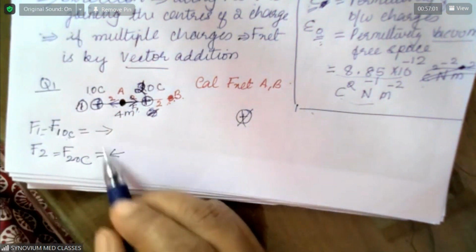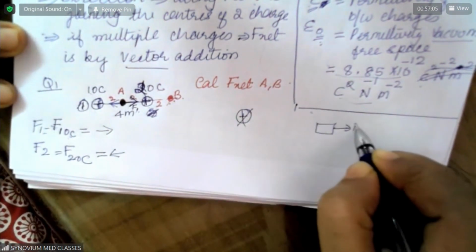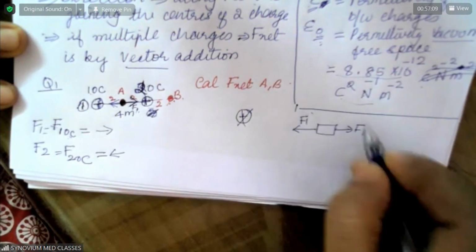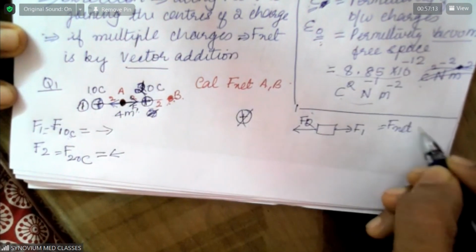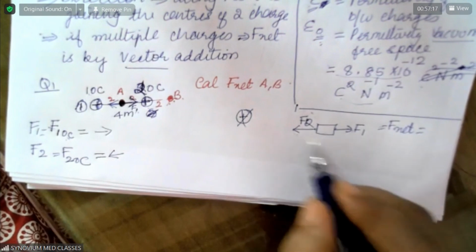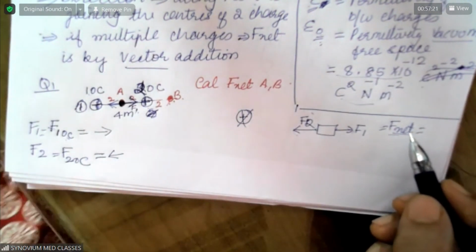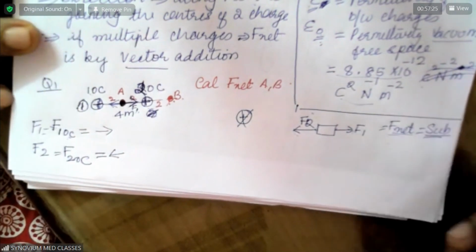Assume you have one force in this direction and another force in this direction. If you have two forces in opposite directions, how will you find the net force? Do you add or subtract? Subtract. This is the vector law.